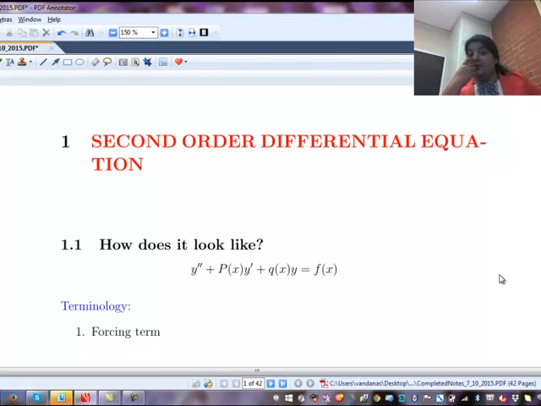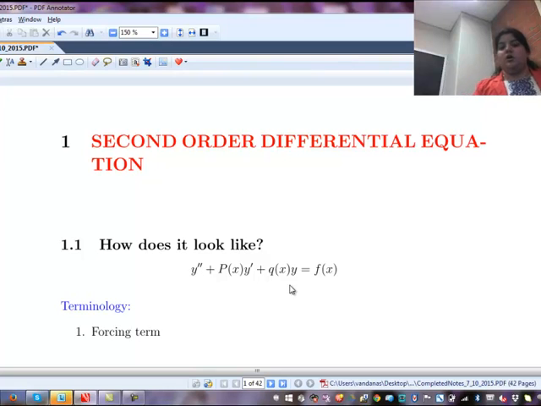Okay, second order linear differential equation. This equation right here, as you can see, is linear because there is no y multiplied with y prime, and you don't even have a y squared term. The function of x can be anything, sine, cosine. So this is a linear second order differential equation.